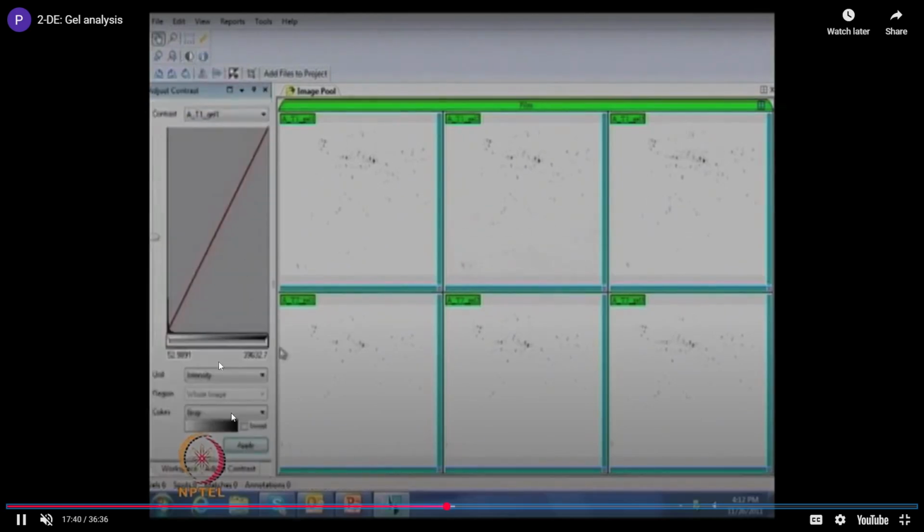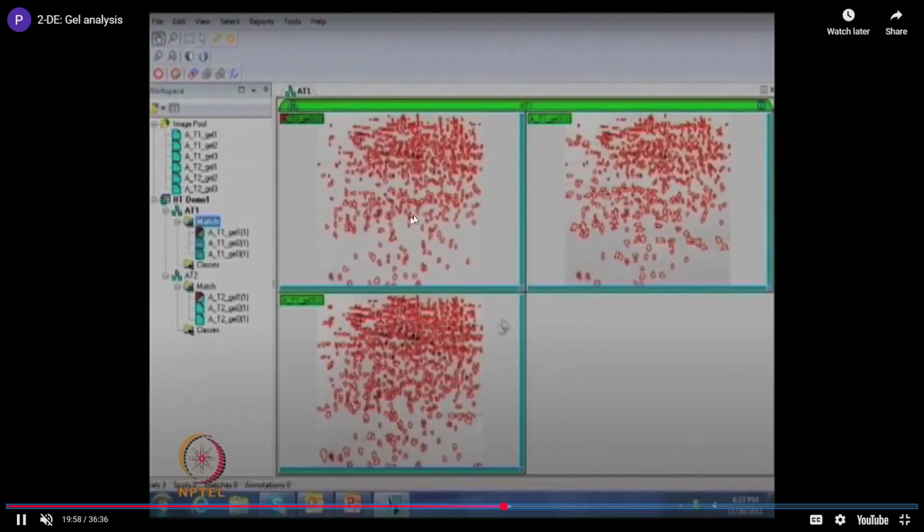Then you can change the intensity and adjust the different parameters so that it can be visualized. Then the smoothing and all those parameters, like minimum area, if you change them accordingly, then the image is visualized well enough. So that's how visualization occurs.